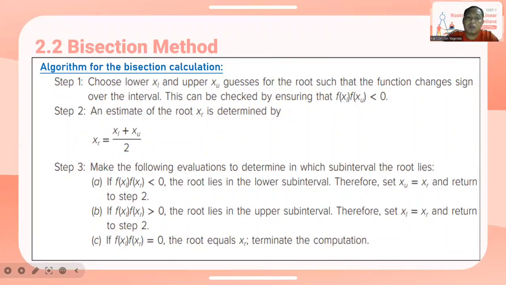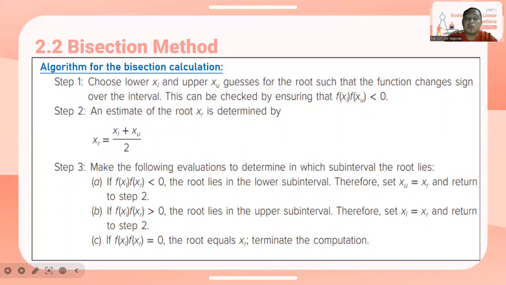The next step is to make the following evaluations to determine in which subinterval the root lies. First, we check if f(x sub L) times f(x sub R) is less than 0. Then the root lies in the lower subinterval. Therefore, set x sub U equal to x sub R and go back to step number 2.